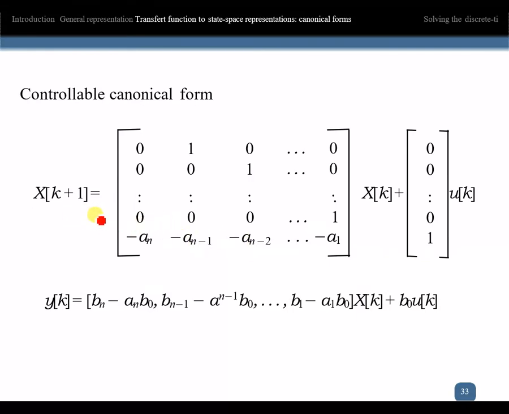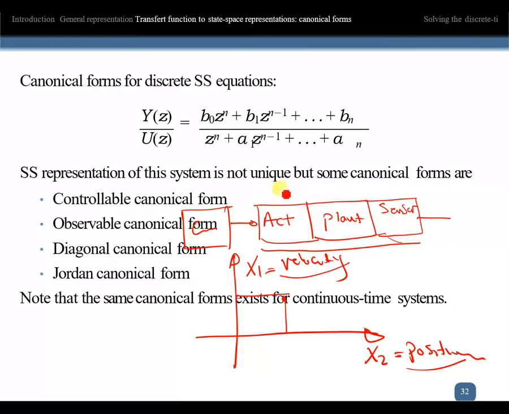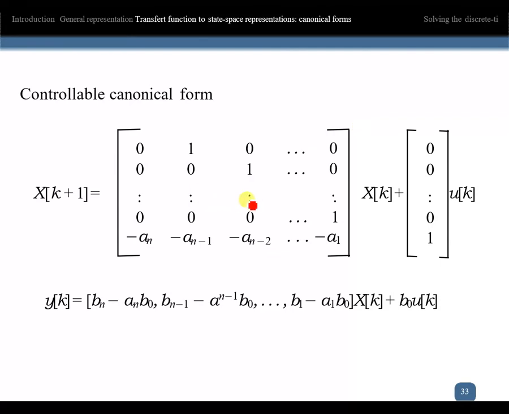If you remember, the canonical form of the system is b0, b1 until bn, and the denominator starts with 1, a1 and an. If the matrix A changes such that all here becomes 0, the rest at the top becomes 1, and the last row of the system starts with minus a1 until minus an.